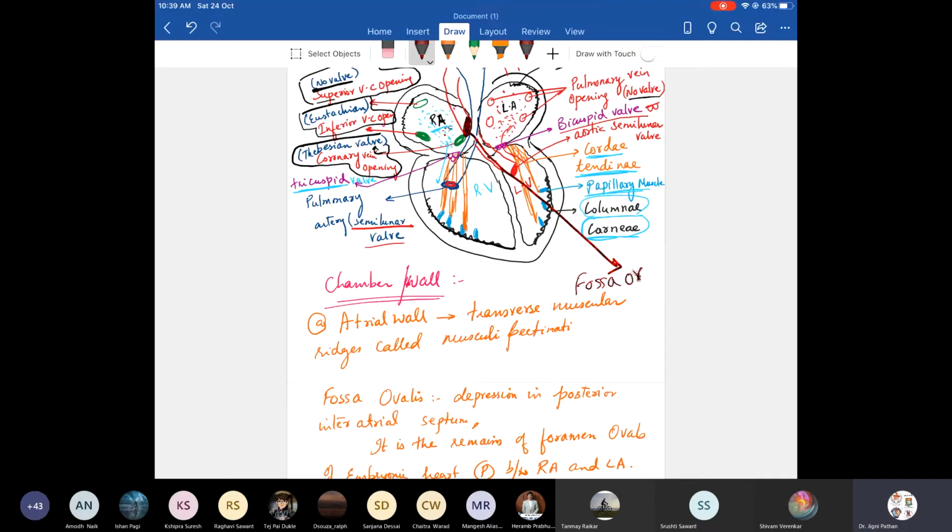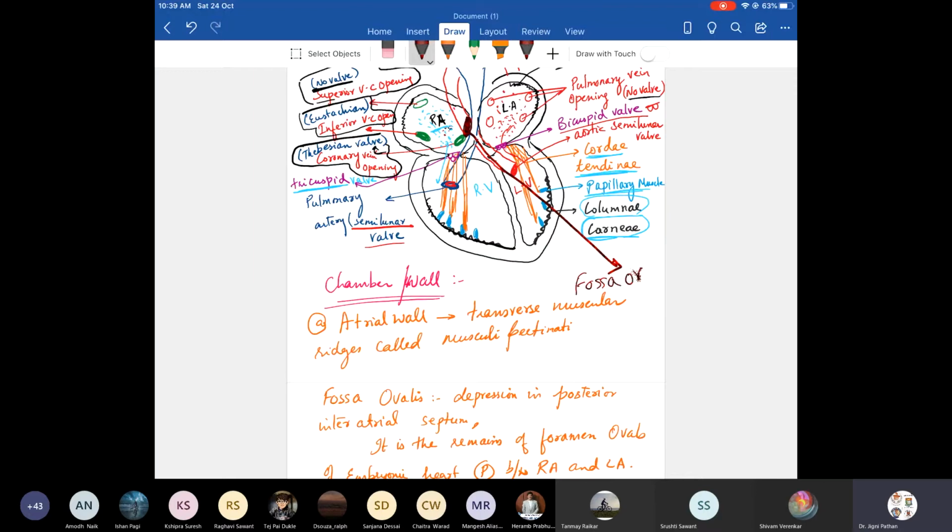Then they have to fill it later. The baby is born with a hole in their heart. That is the foramen ovale. In the adult, this foramen ovale is covered by tissue and becomes the fossa ovalis.